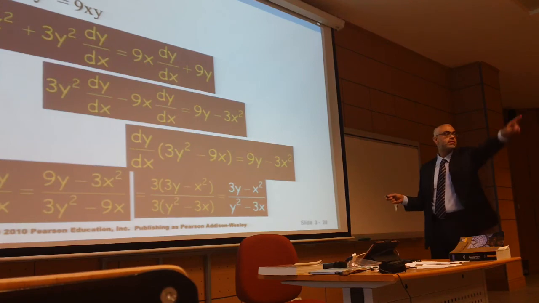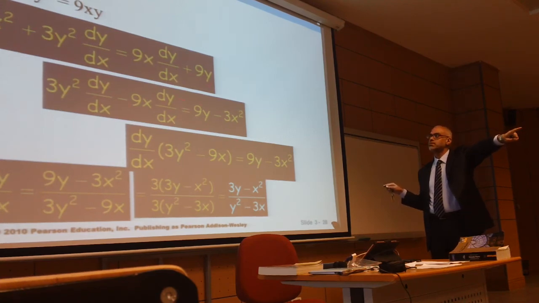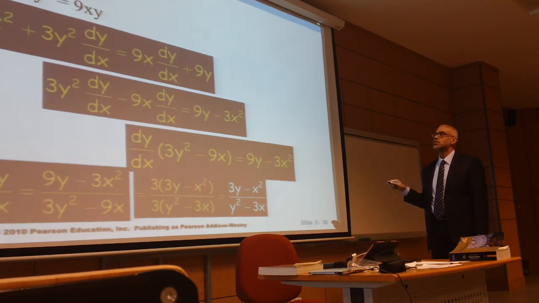Why did we get this? You tell me. Look at this right hand side and tell me how did I get this from differentiating 9xy? Differentiating 9xy relative to x, we get 9x and we get 9y.